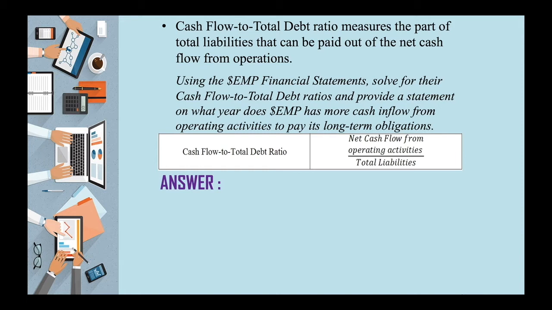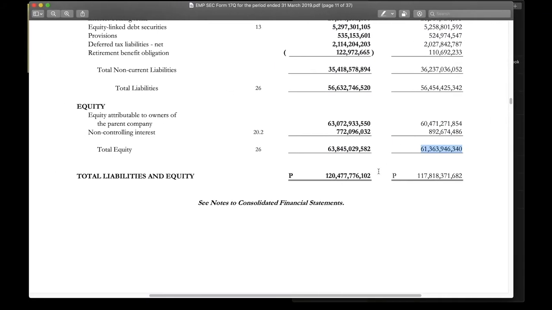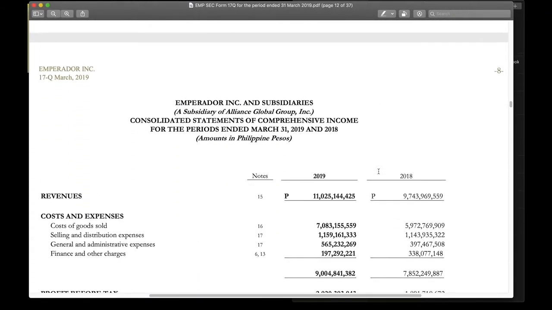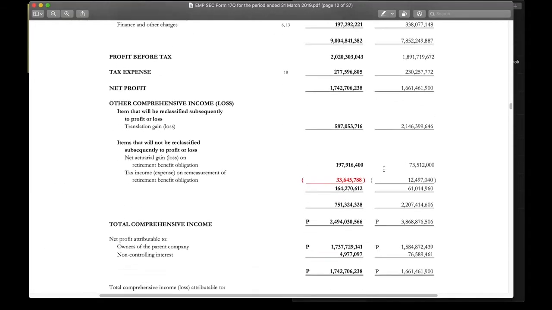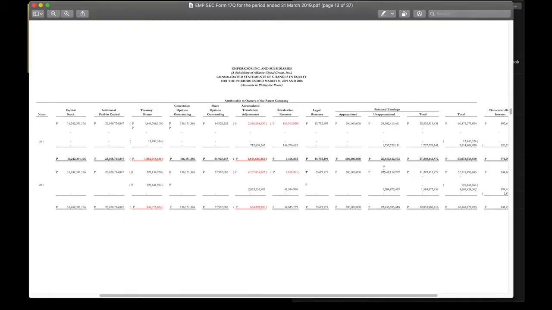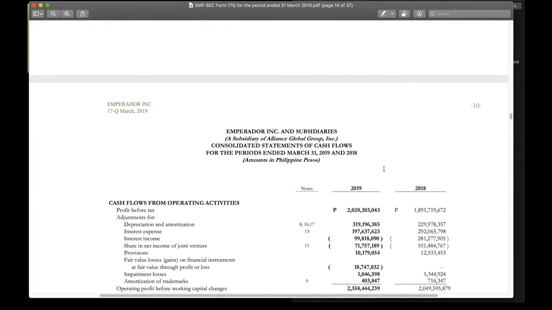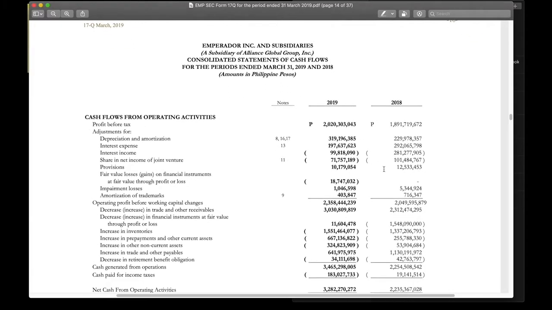Now, for the net cash flow from operating activities, we have here, check natin, net cash flow, dun tayo titingin sa cash flow. This is income statement. This is statement of changes naman in equity. Ito ang cash flow natin.